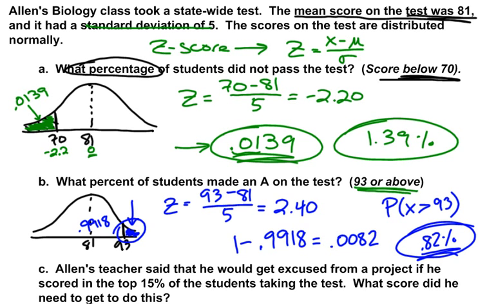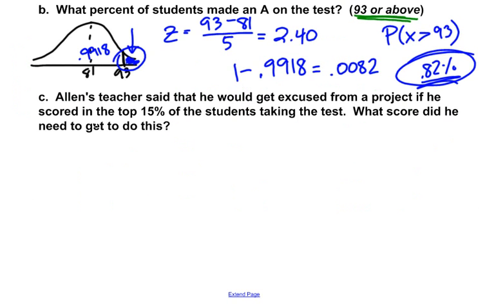All right, we continue and go down to the third part, where it says Alan's teacher has said that he would get excused from a project if he scored in the top 15% of the students taking this test. So what we're concerned about is what score Alan actually has to make in order to get into this top 15%. Let's look at a sketch real quickly.